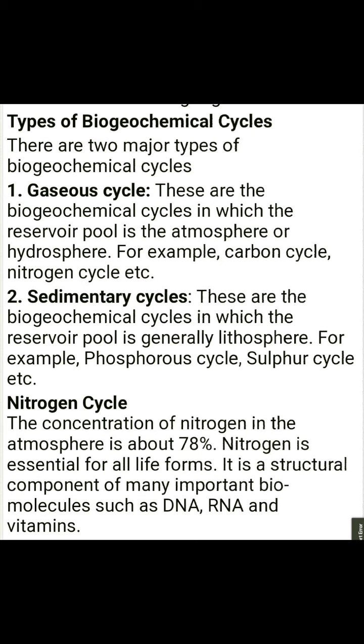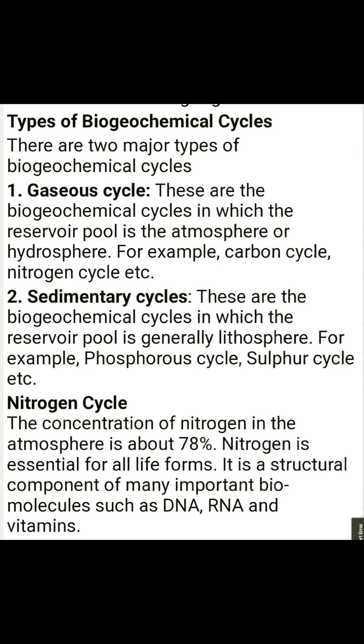Now we have to explain the importance of each biogeochemical cycle. First we'll consider the nitrogen cycle. You know that in the atmosphere 78% nitrogen is there. Nitrogen is very important for our life forms.